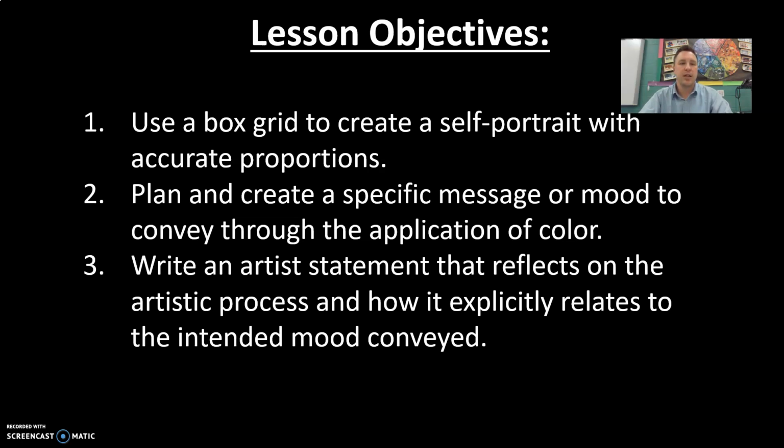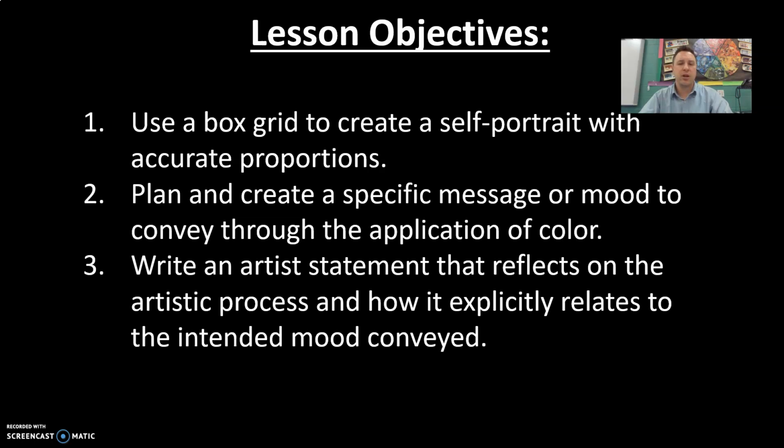Your second lesson objective is to plan and create a specific message or mood to convey through the application of color. So you're not just taking a generic self-portrait of you just staring at the camera smiling. You can, and that's totally fine, but you're welcome to hold props and you're welcome to be in a certain pose that conveys the person that you are to the viewer themselves.